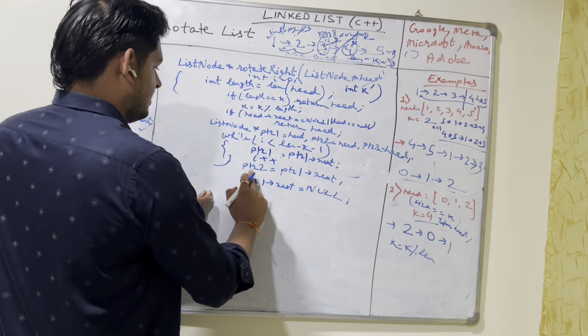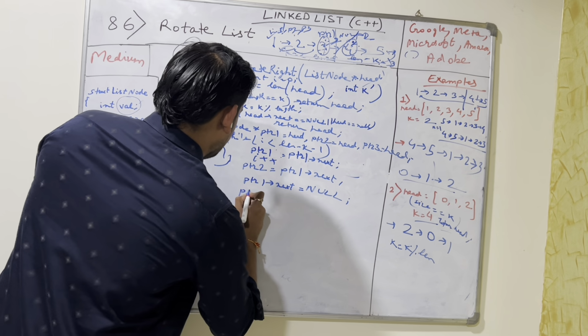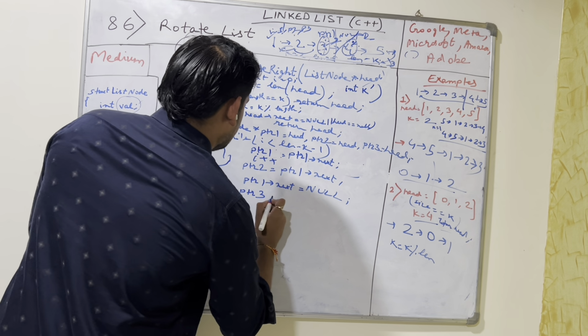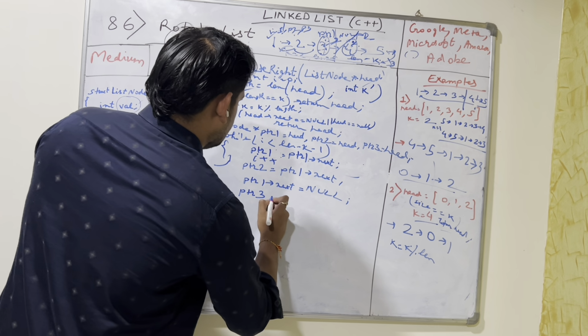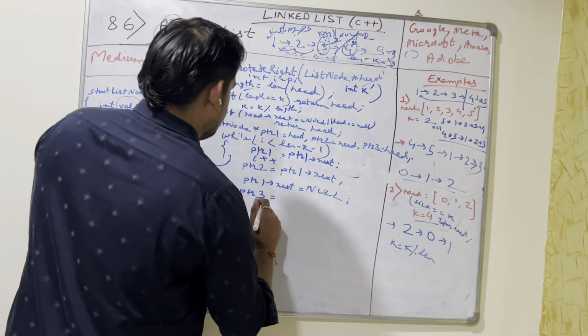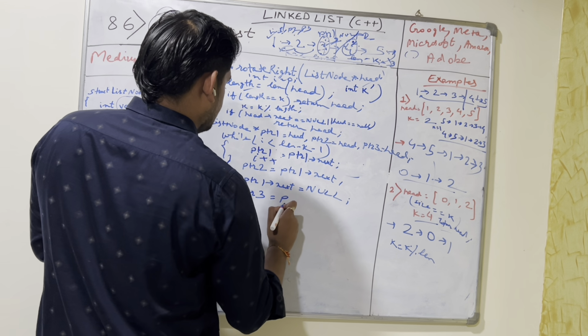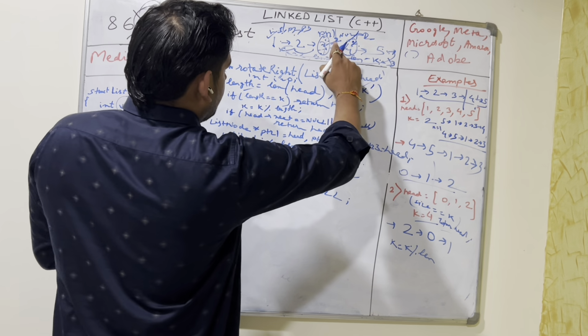So this loop is ended, then this line is there. Then what will we do? We will make ptr3 is equal to ptr2, so we will move this one, right?